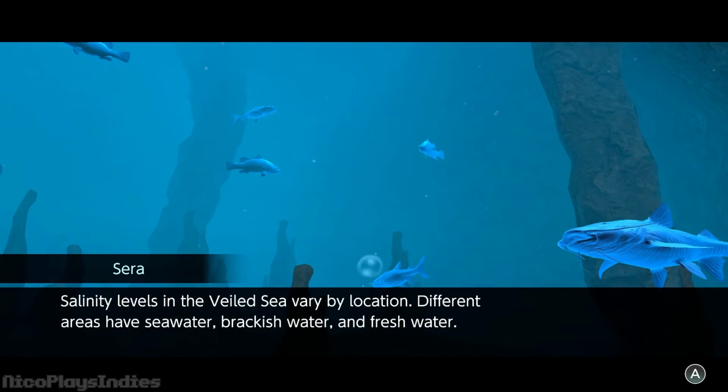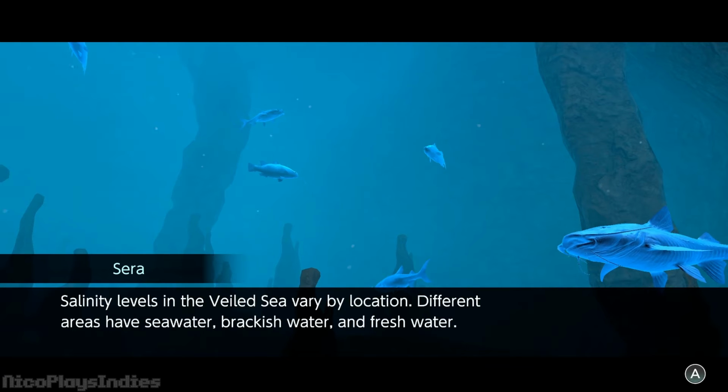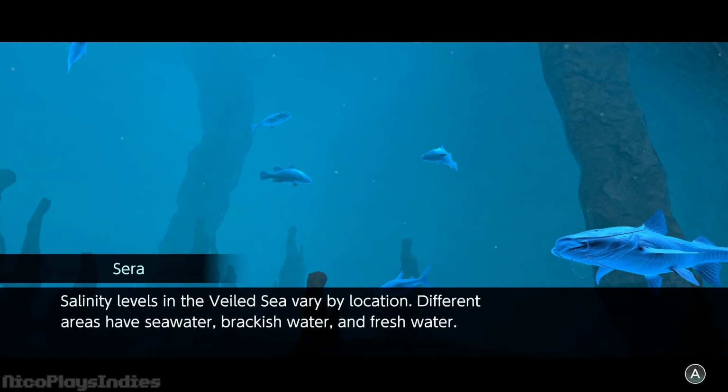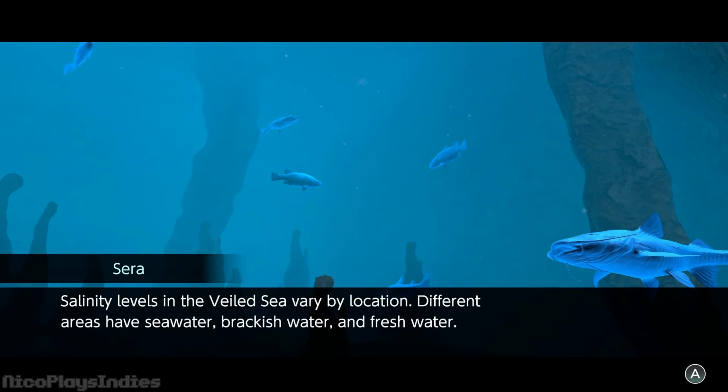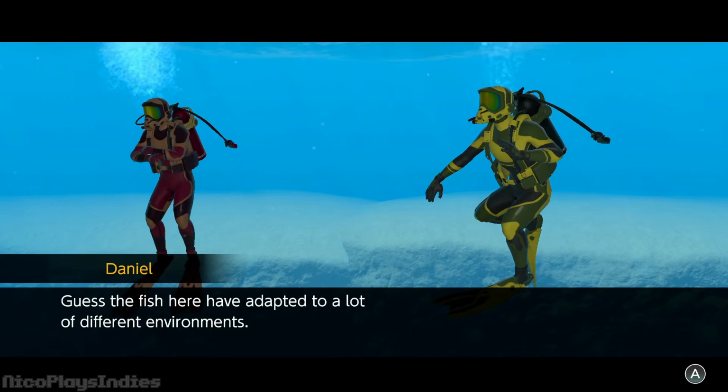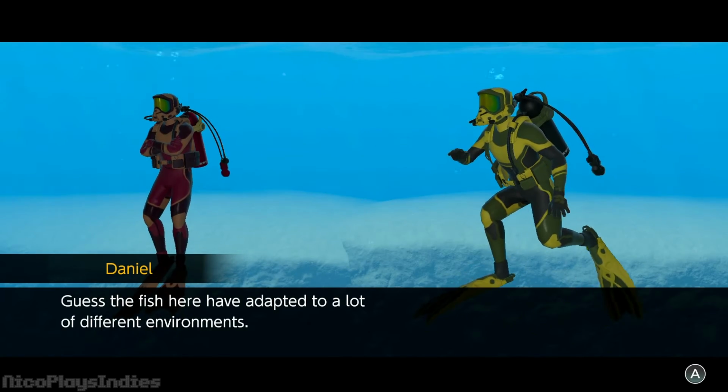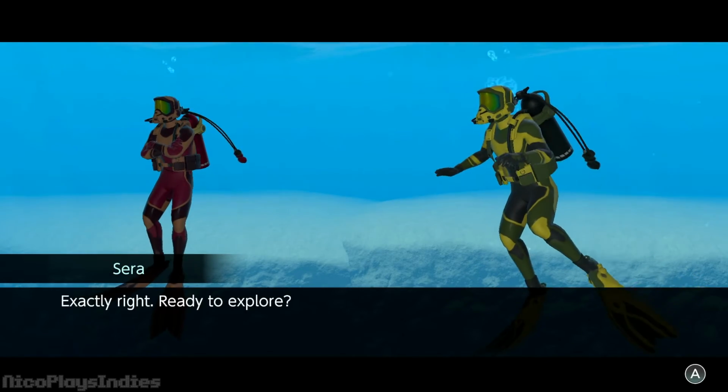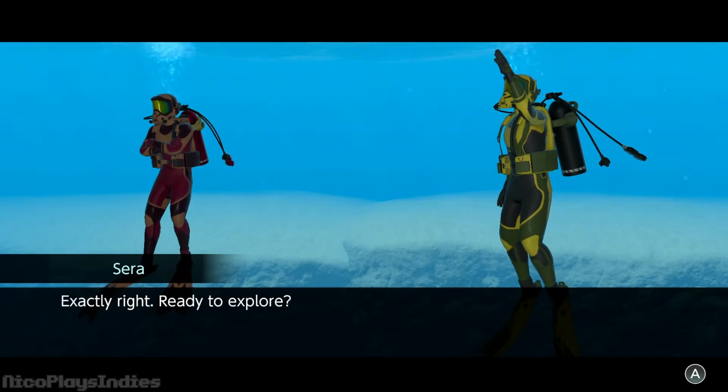Salinity levels in the Veiled Sea vary by location. Different areas have seawater, brackish water, and fresh water. Exactly right. Ready to explore?